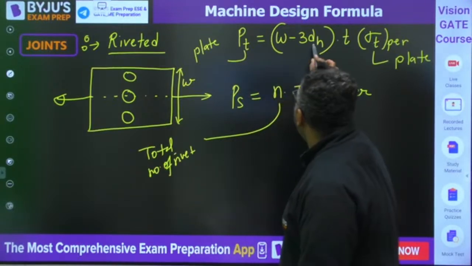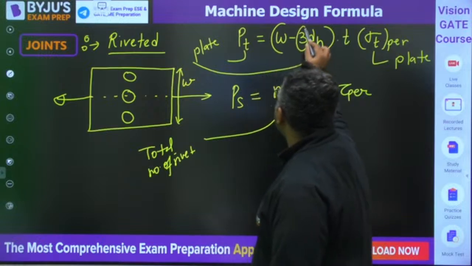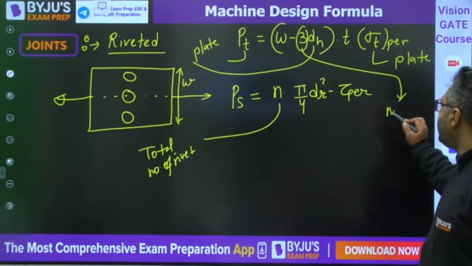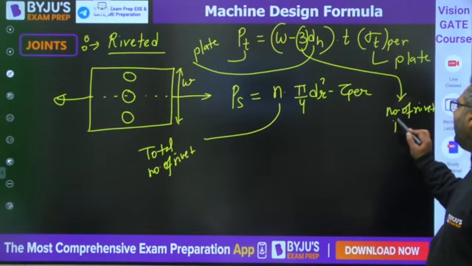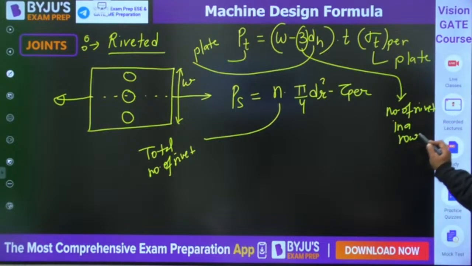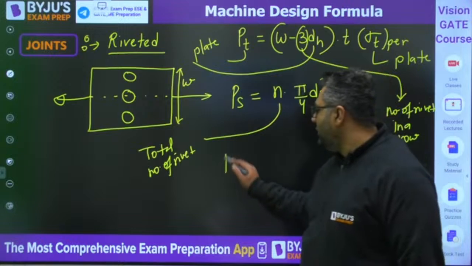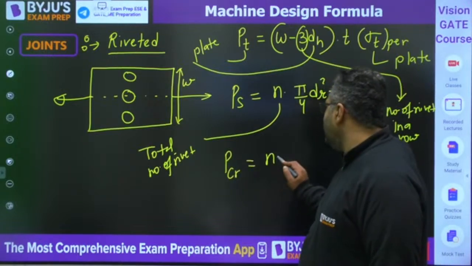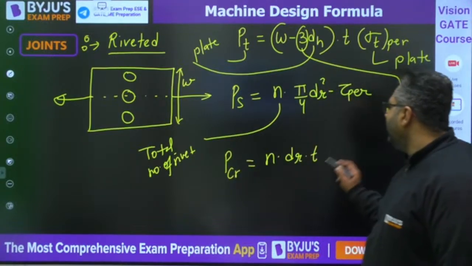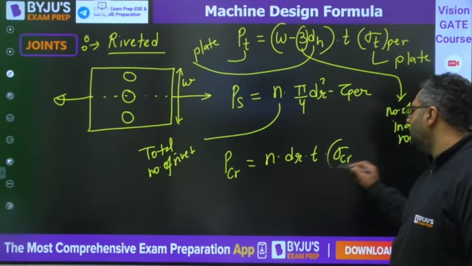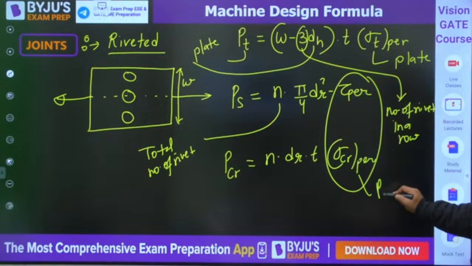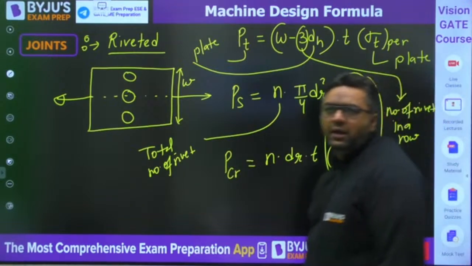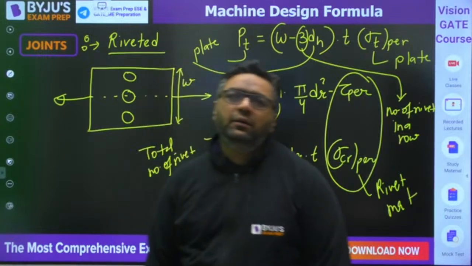Okay, and this 3 is the number of holes or rivets in a single row. So in a single row, that is the difference. Similarly, you can write the crushing. It is N into d_r into T into sigma crushing permissible. You remember that this sigma crushing and tau permissible is for the rivet material. That is the difference, because these two are the rivets failure. Above one is the failure of the plate.